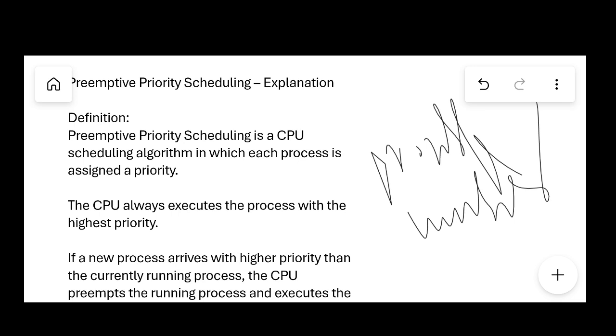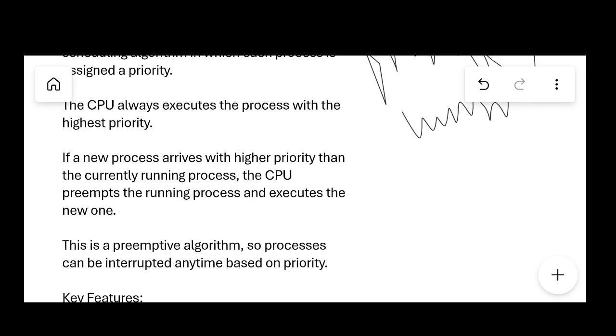If a new process comes in with a higher priority than the one currently running, the CPU will pause the running process and give control to the new, more important process. This is why it's called a preemptive algorithm, because the CPU can interrupt a process anytime based on priority.